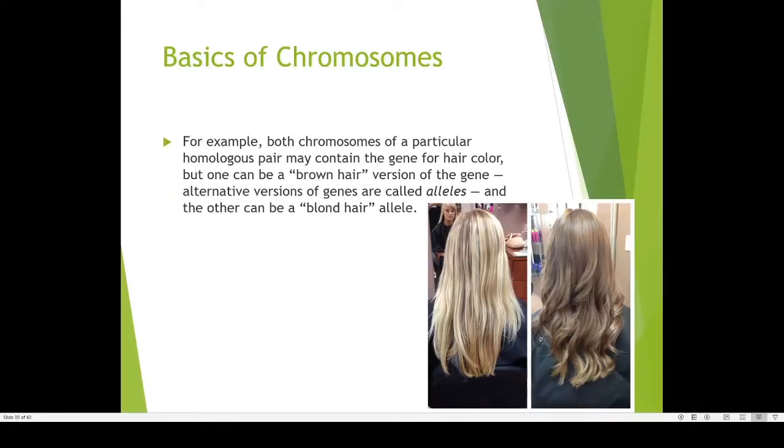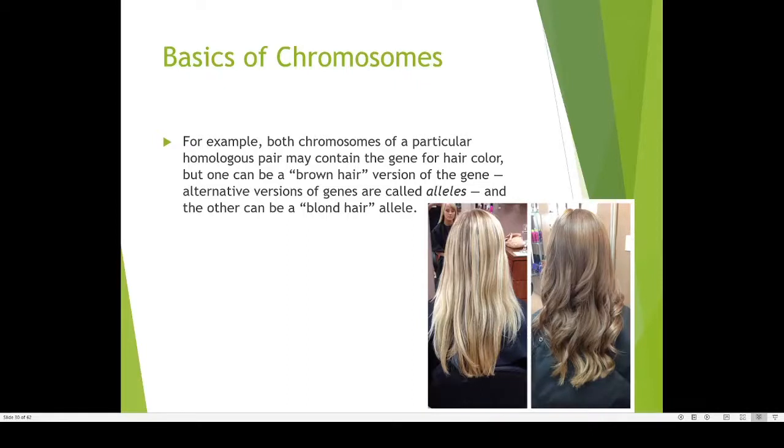So for example, both chromosomes of a particular homologous pair may contain the gene for hair color, but one can be a brown hair version of the gene. Alternative versions of the genes are called alleles, and the other can be a blonde hair allele.